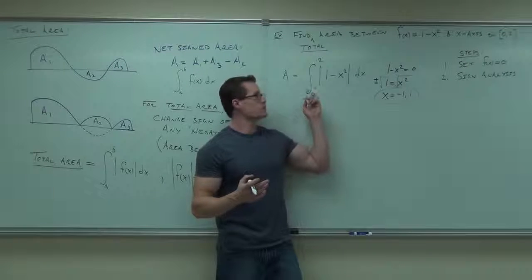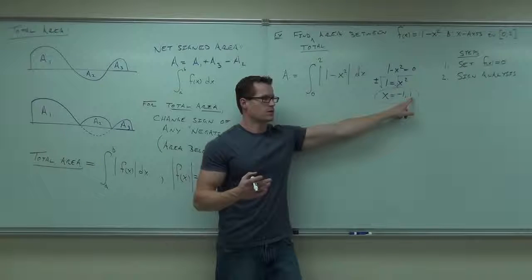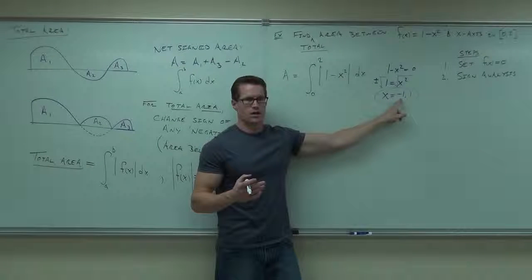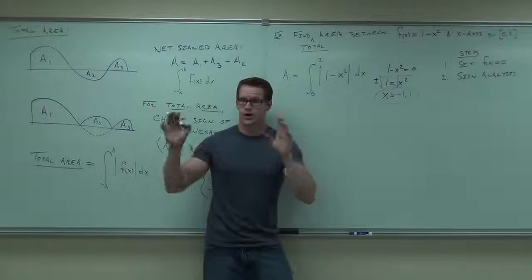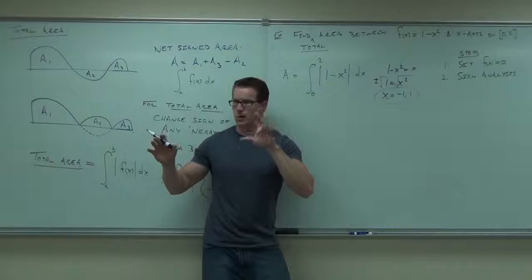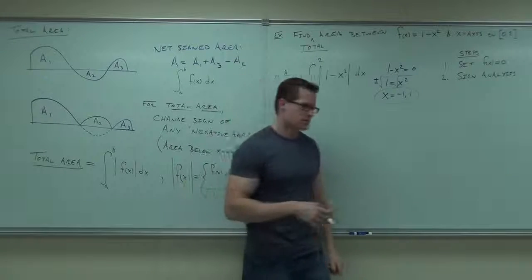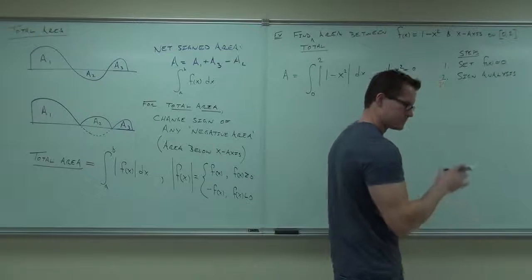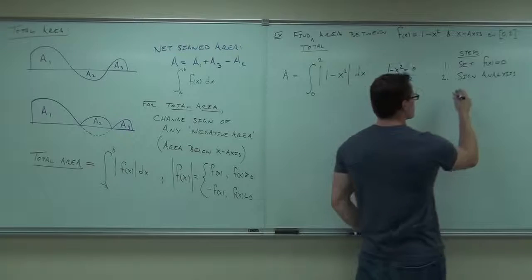Yeah. Do you need the 2? Of course. Do you need the 1? Yes. Do you need the negative 1? No, you don't need that one. Why not? It's not within the constraints. So really, you're going to make a sign analysis with the endpoints of your interval, your bounds of integration, and whatever points fall between them. That's it. So make it with your endpoints and your x-intercepts that fall within those endpoints.